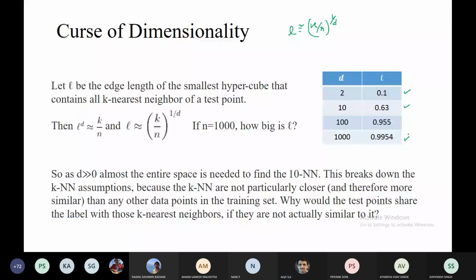If we approximate this, I think it is better to show in a different color.